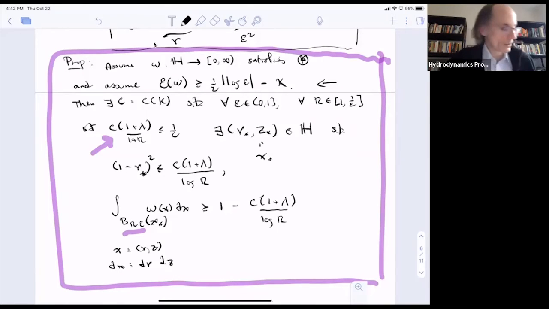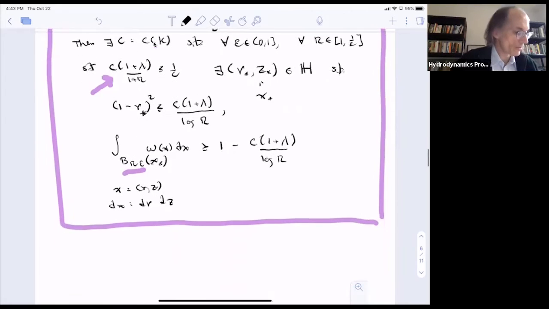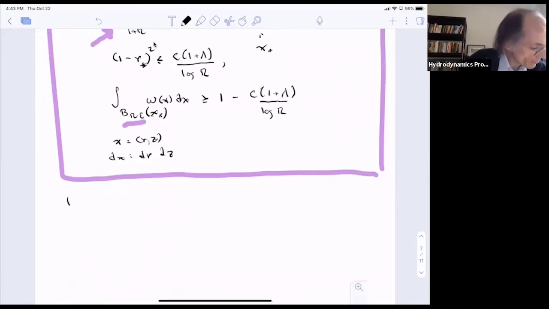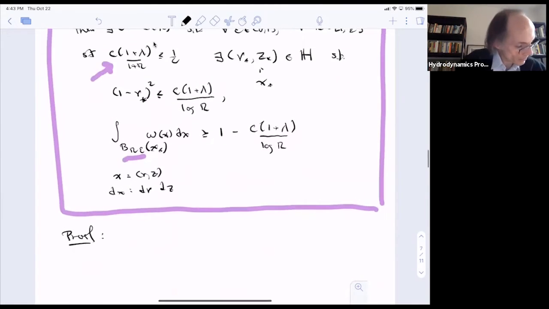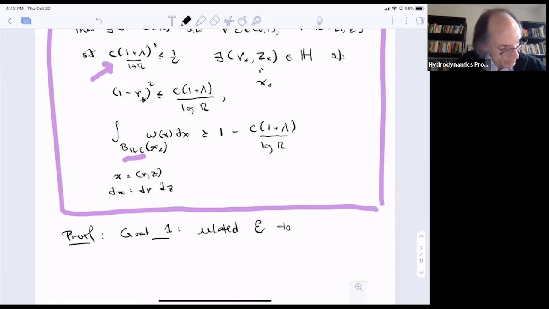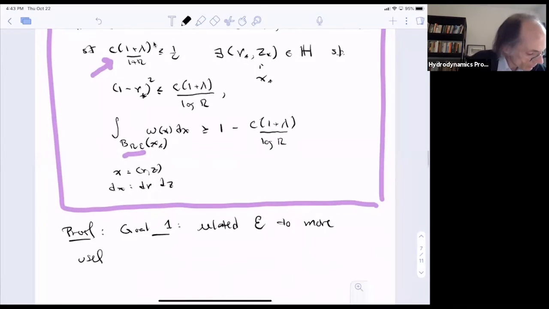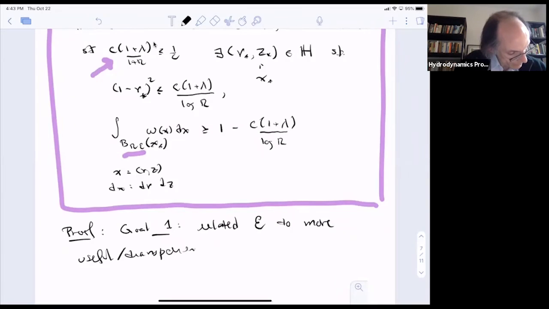Okay, let's get started with the proof. And it's just calculus. It's hard to attach much intuition to it at places, so we'll do what we can. Okay, so my first goal, we'll start the proof. So the goal one is to relate the energy E to a more transparent energy.